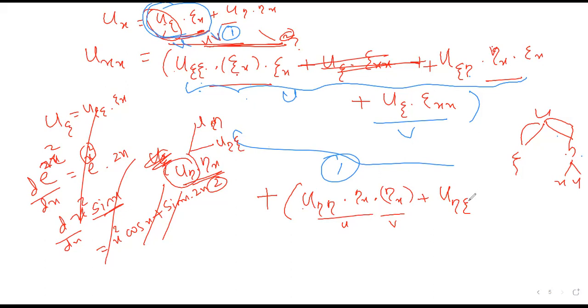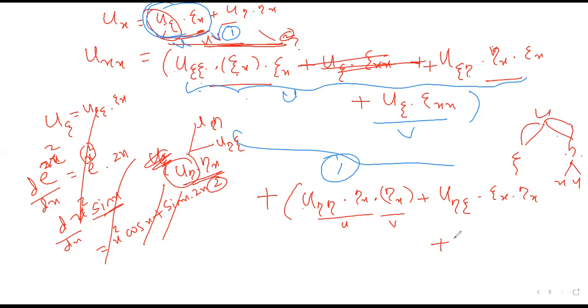Okay, if I am taking η_x, then I need to take ξ_x times, but my v term will be η_x. Okay, hope you understand.